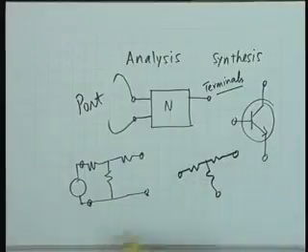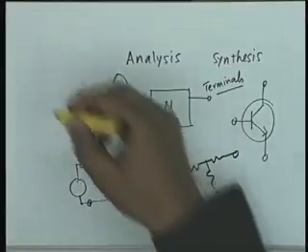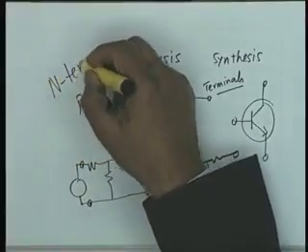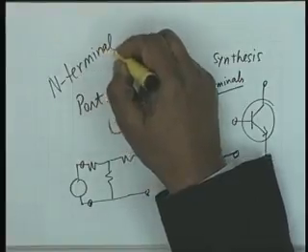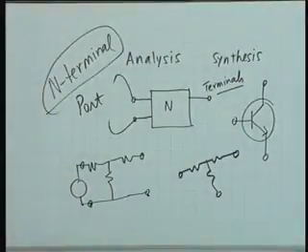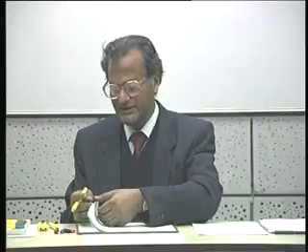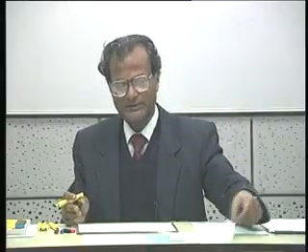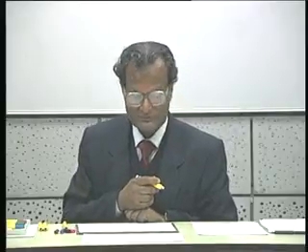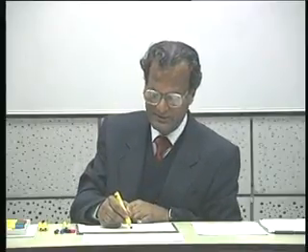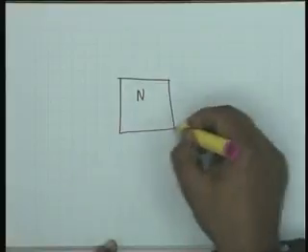Similarly, there can be more than 4 terminals, and in general we shall talk of n terminal networks. The number of terminals can be large, it has nothing to do with the other characteristics of the network.